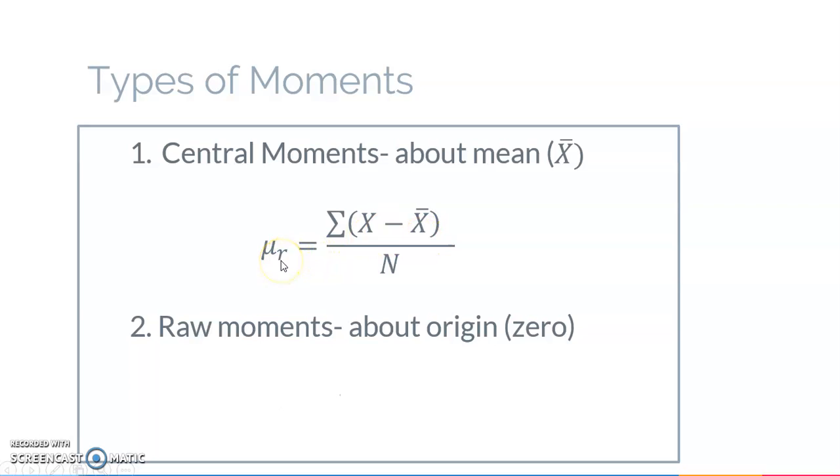We are interested in finding the rth moment, so we are going to consider the rth power of the data. So the overall formula is summation (x minus x bar) raised to r divided by n. We have subtracted x bar because we want to find out the moment about the mean.